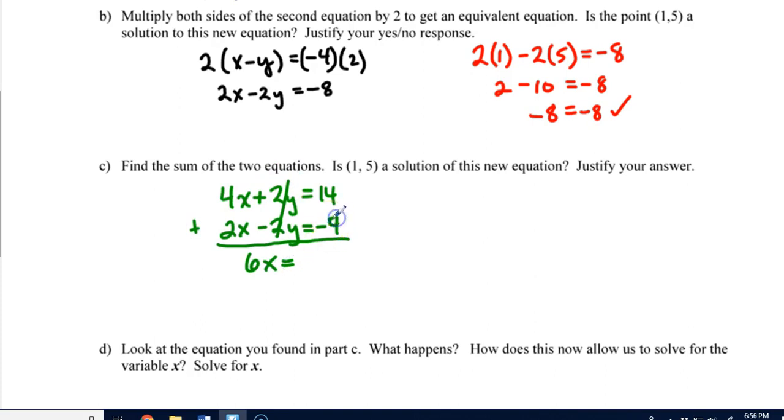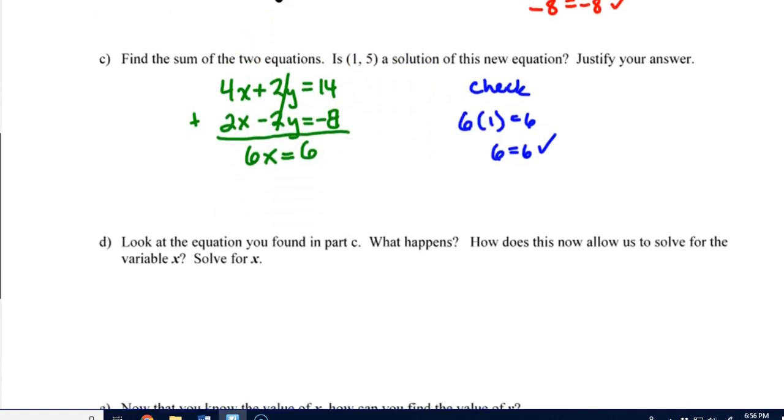I realize this should have been an 8. Let me fix that. Sorry. Okay, so I showed that I can multiply by 2. I can now add the two equations, and it still checks. (1, 5) still checks.